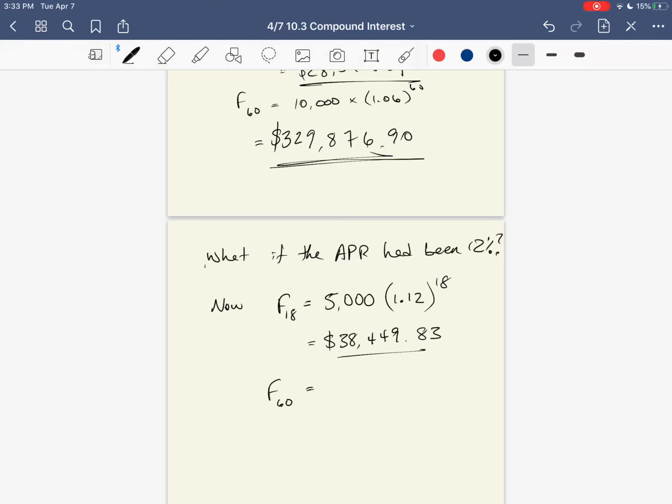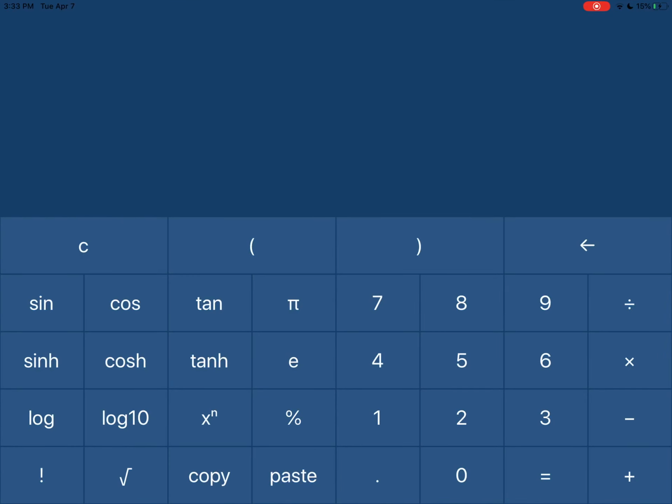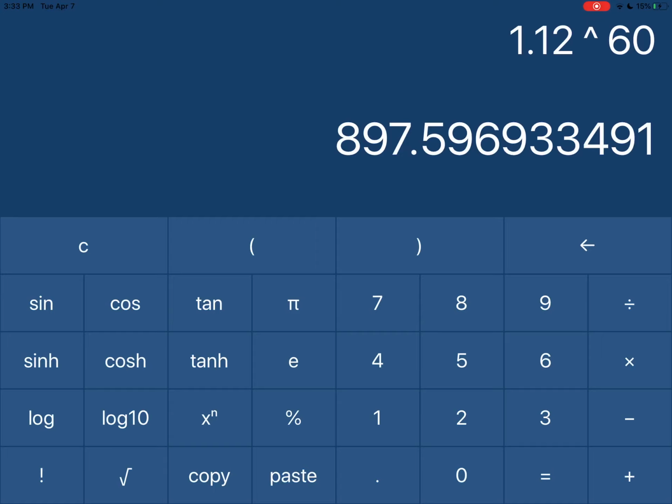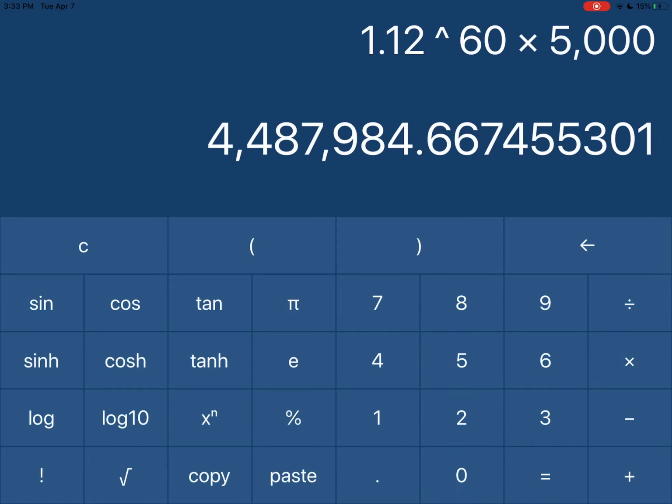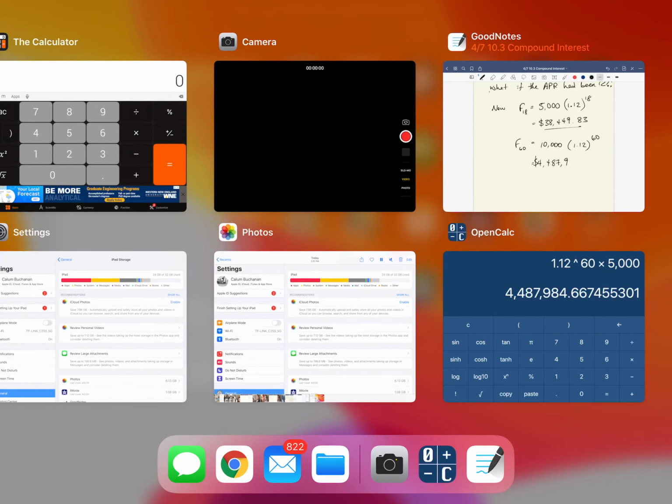So if you had invested $5,000 in a trust fund which accumulated 12% interest compounded annually, then you would have 5,000 times 1.12 to the 60th power, which is $4,487,984.67.